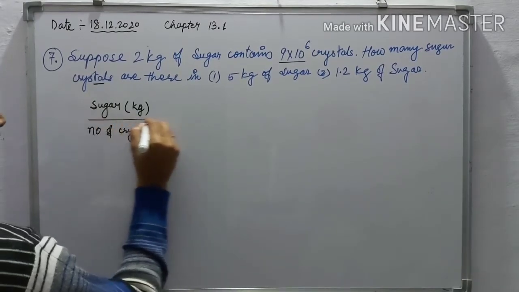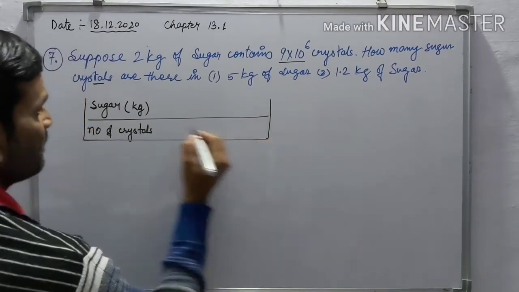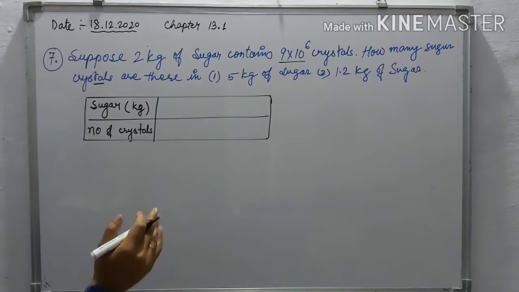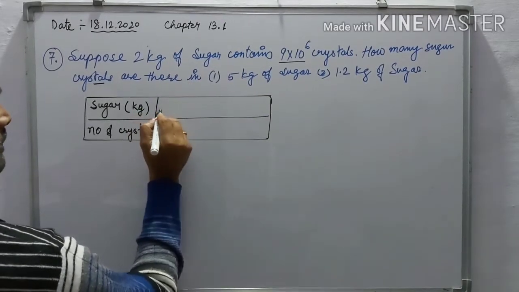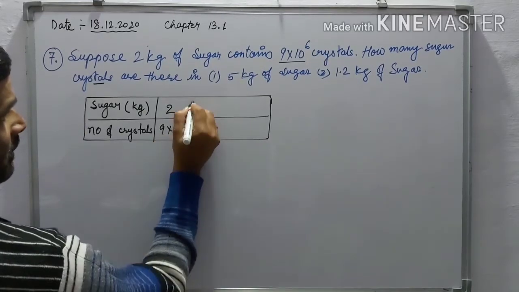Okay, and make a table. Both questions you can solve in one table. If the question is single, you make two tables. Now first will be 2 kg and the crystals are 9 into 10 power 6.